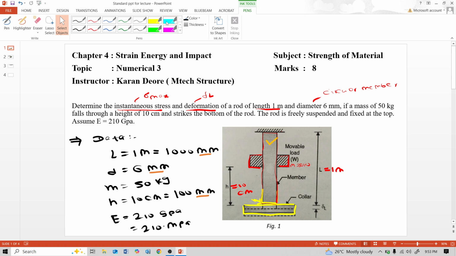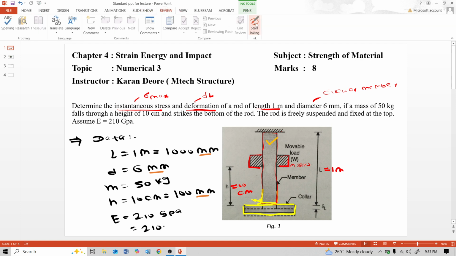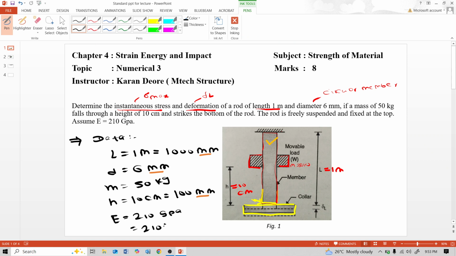Sorry, not only 210 MPa, 210 GPa, that means 210 into 10 raised to 3 MPa. This multiplication factor is important for conversion from GPa to MPa.